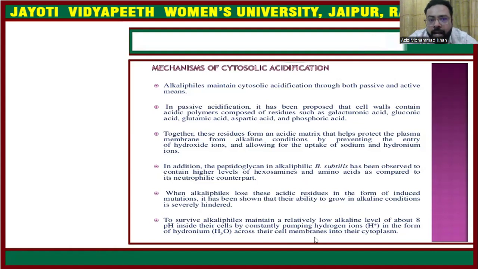So they supply H plus ions inside the cell in the form of H3O, by which they can maintain their cellular pH at the level of 8. That is a neutrophilic environment. So neutral pH can be survived by the microorganism because it is a condition where microorganisms can grow very well.